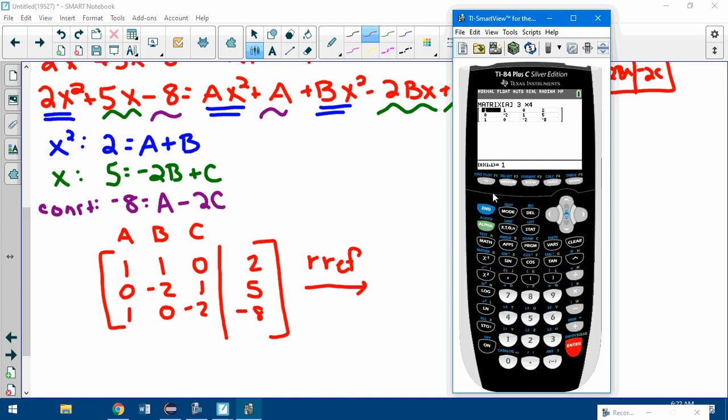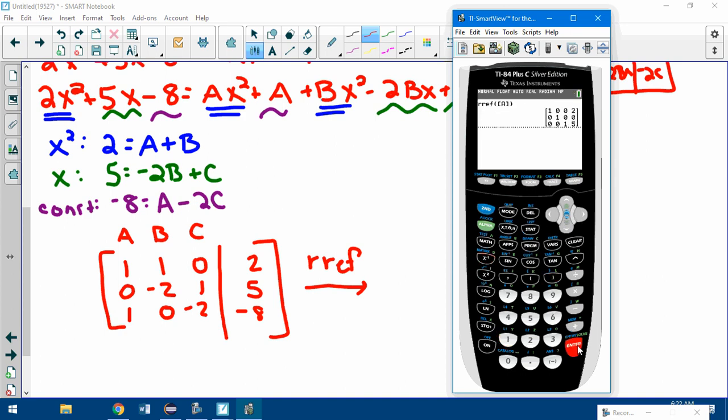Okay, once I've got that all locked in, I can second quit, get out of there, then go back to your matrix menu, go to Math, find all the way down to Reduced Row Echelon Form. I think it's A or B. It's B. And then you want Reduced Row Echelon Form on matrix A.